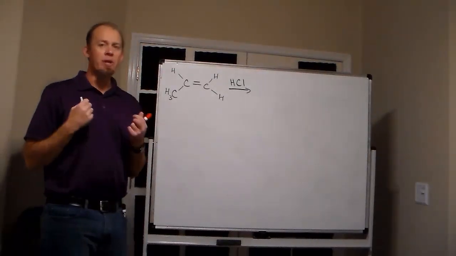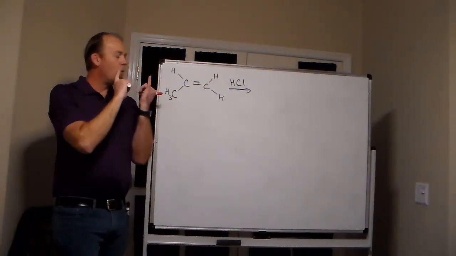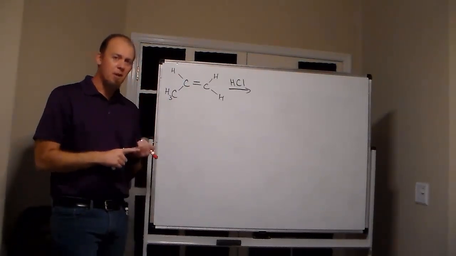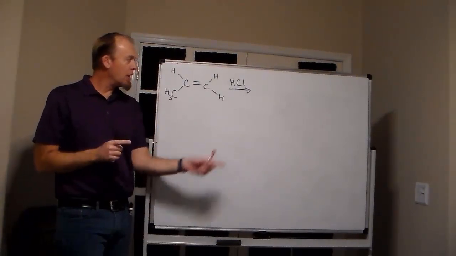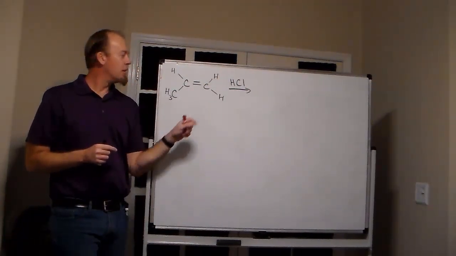If I react this with one of the other hydrogen halides, like hydrochloric acid, what we saw before, we know one of those bonds is going to go away from the double bond. Double goes to a single, and we add a hydrogen to one side and a chlorine to the other.